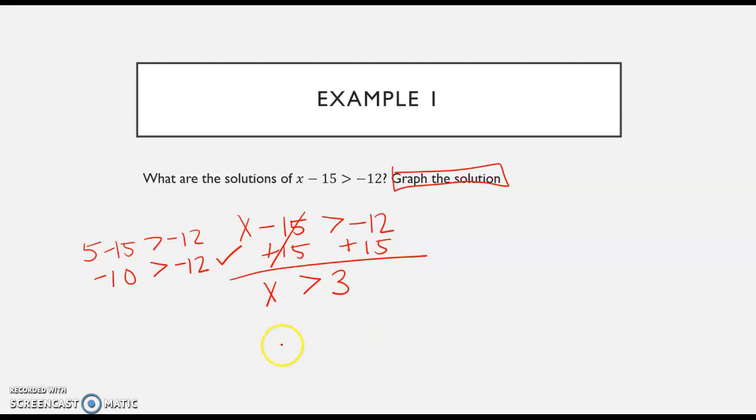So, on a number line of our creating, negative 2, negative 1, 0, 1, 2, 3. You get the idea. Make yourself a number line. I am greater than, so that's an open circle at the 3. And greater than would be numbers to the right. And so that is my graph.